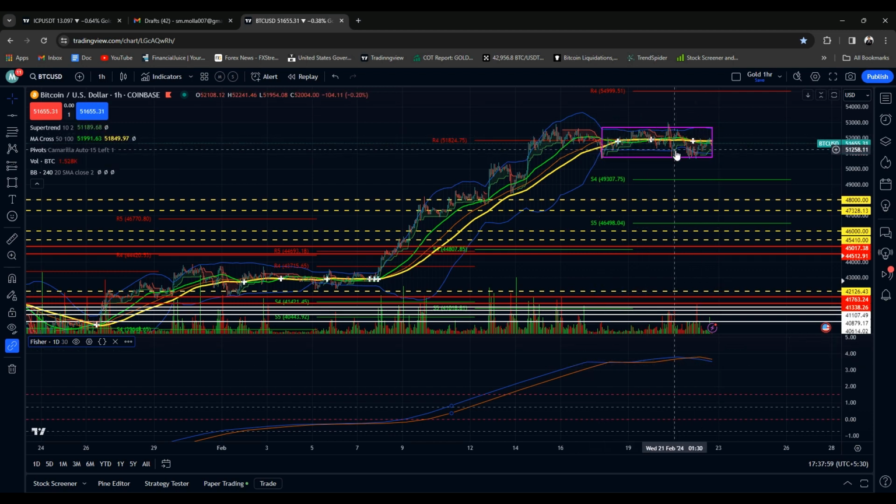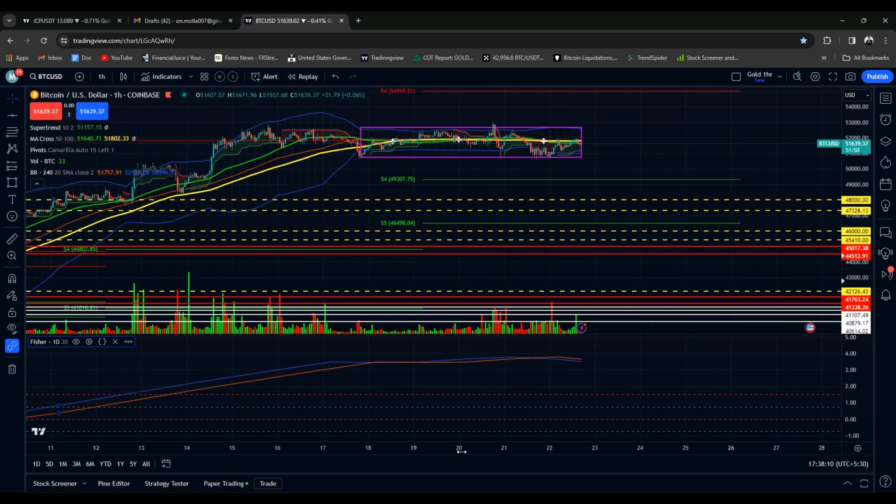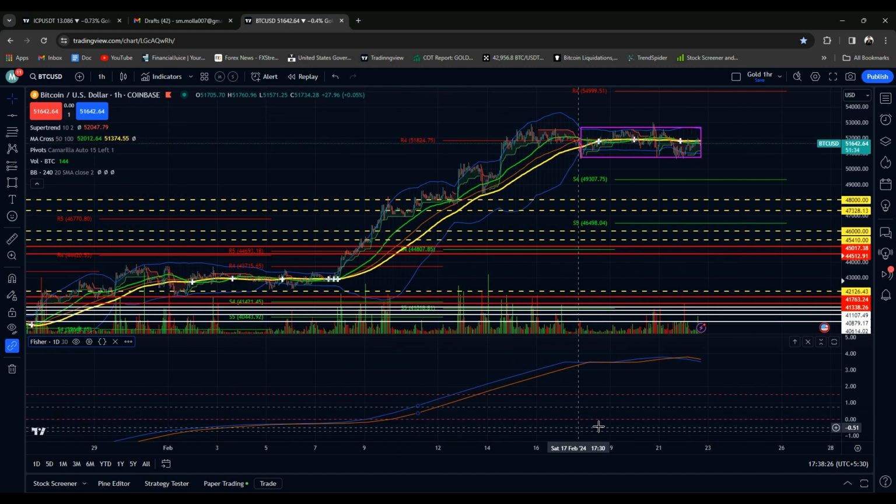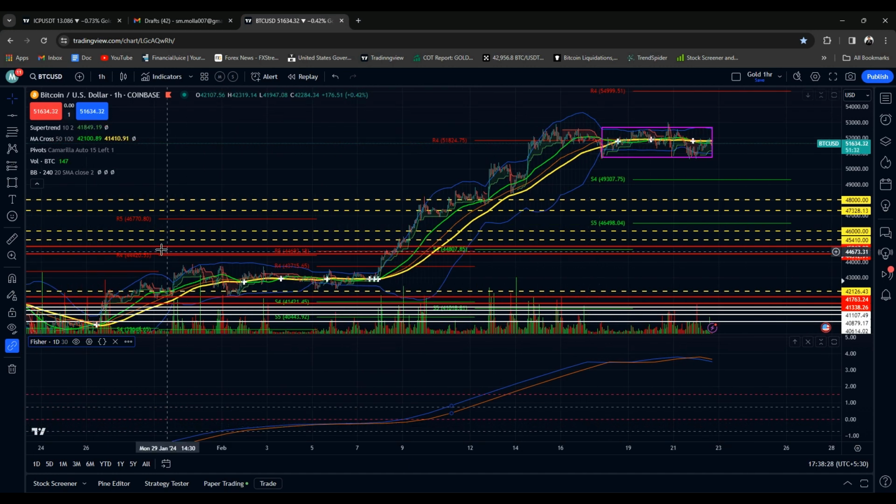Price action is inconclusive, so it's kind of bearish, and the larger volume spikes have been mostly bearish in the last few days. Since last Saturday, most of the larger volumes have been bearish, so dominance on that side is much higher.